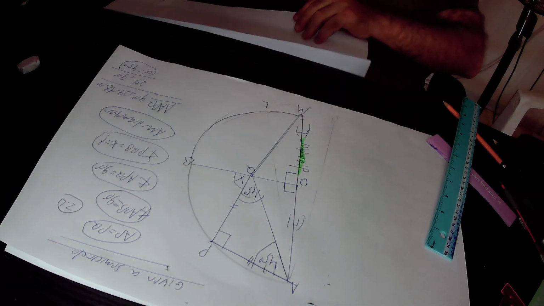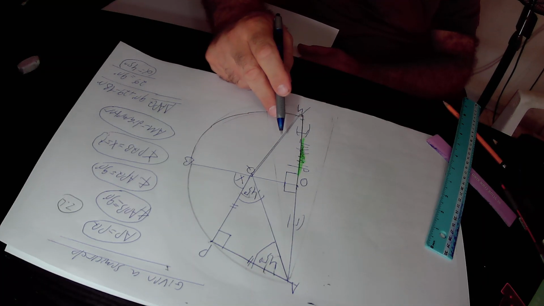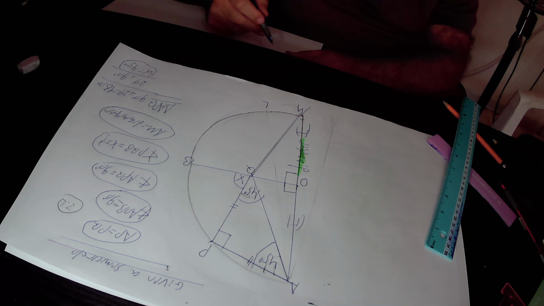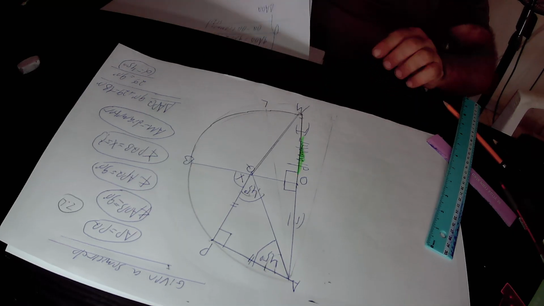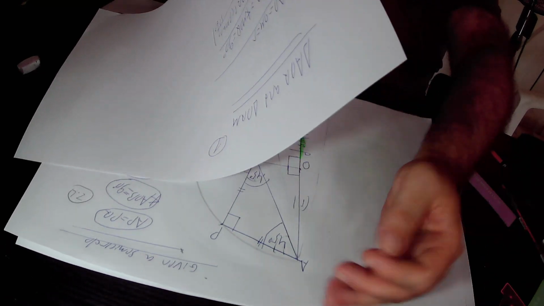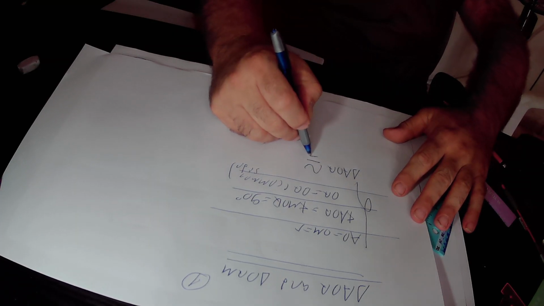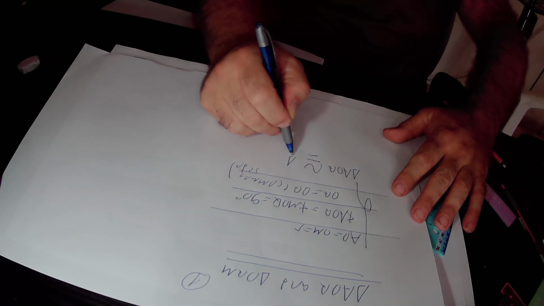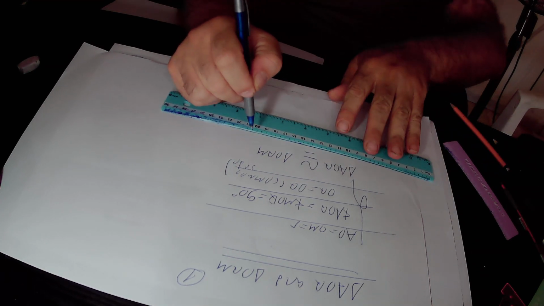So we proved that the right upper triangle AOQ is congruent to the right lower triangle OQM according to the side angle side rule. Write it down: the right upper triangle AOQ is congruent, this is the sign of congruent, to the right lower triangle OQM according to the side angle side rule.